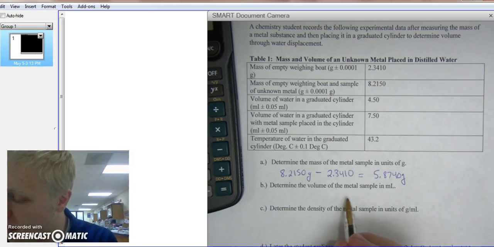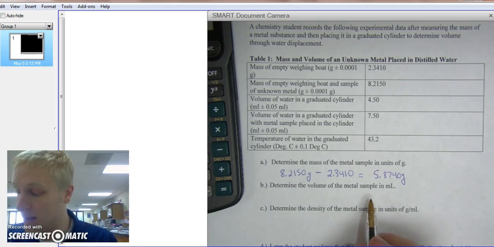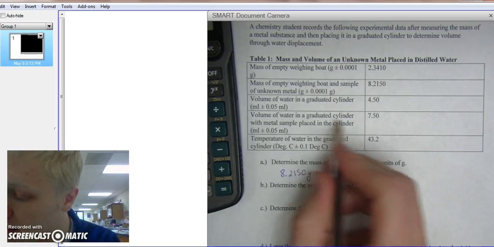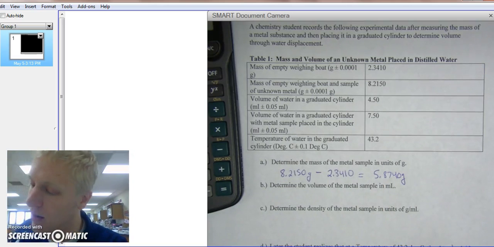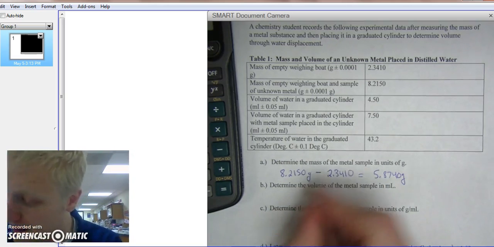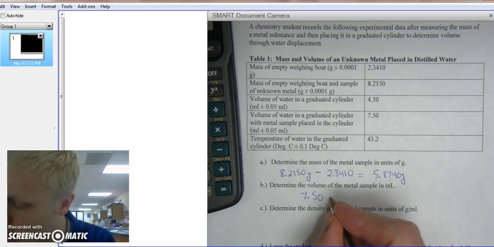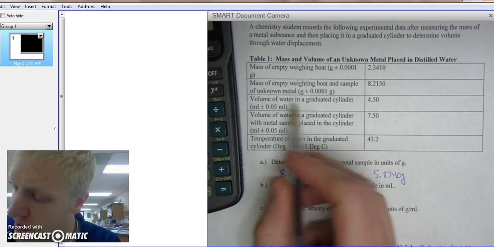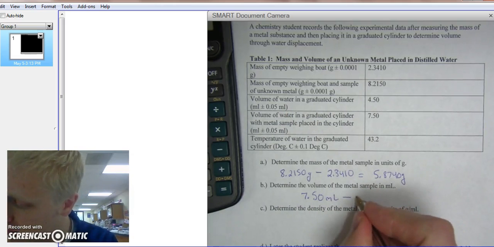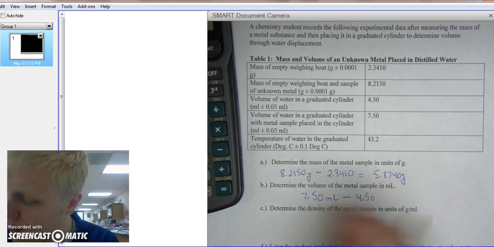Determine the volume of the metal sample in milliliters. Alright, so we're looking for the volume. The total volume of the water and metal is 7.50 milliliters. We're going to subtract the original starting volume of the water, 4.50.